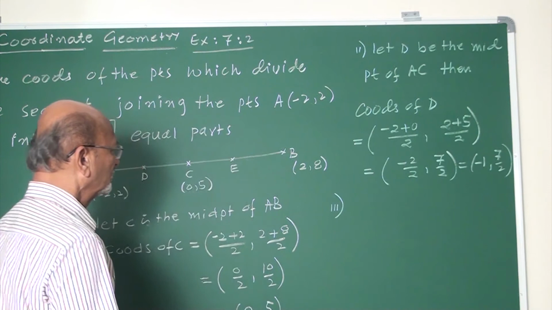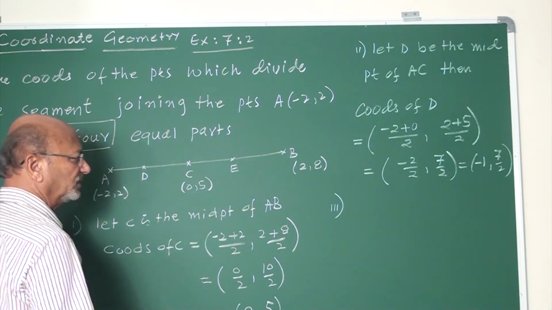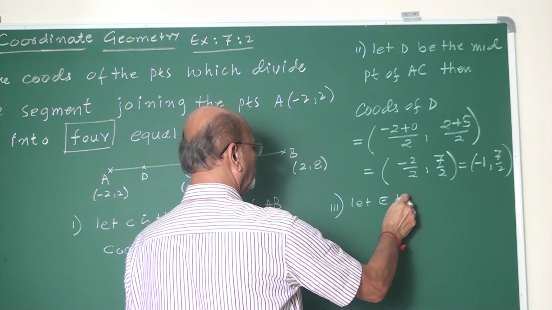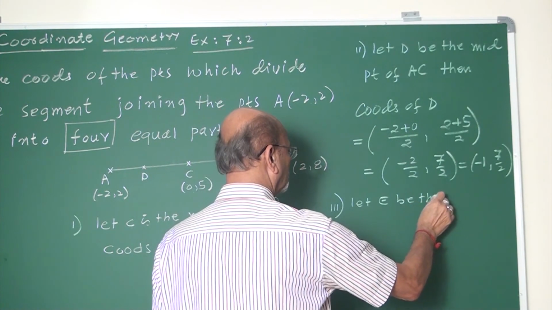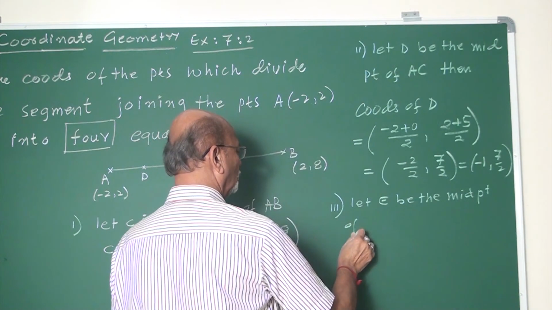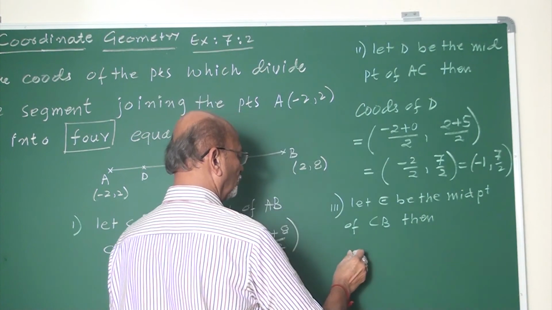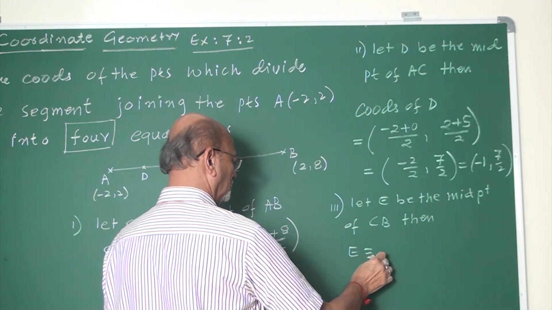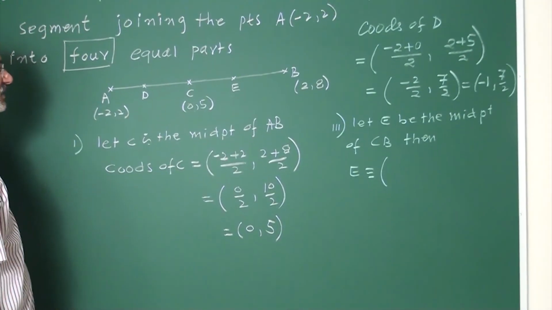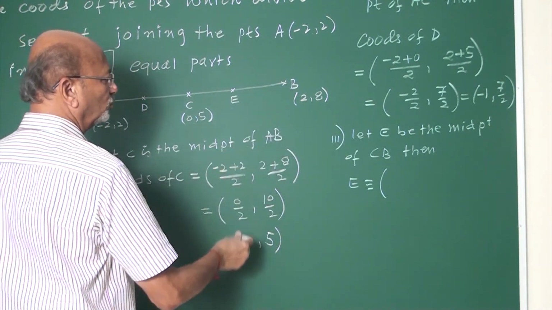Third, what is E? Let E be the midpoint of CB. Then the coordinates of E: add x coordinates, 0 plus 2 upon 2.